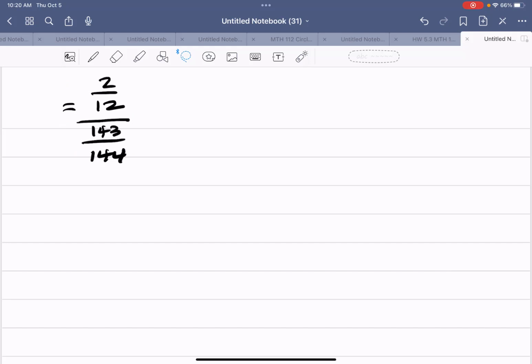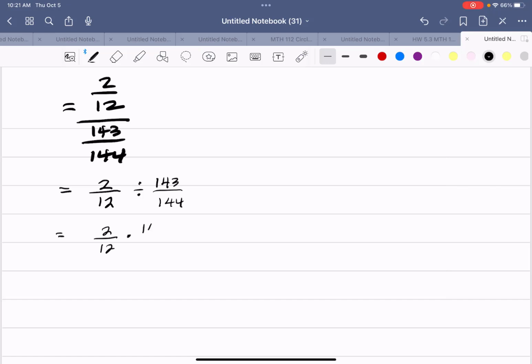So there are a couple of ways you can do this. I think the simplest way is just use fraction division. 2/12 divided by 143 over 144 is 2/12 times 144 over 143.